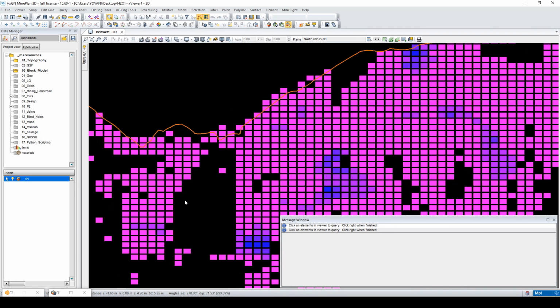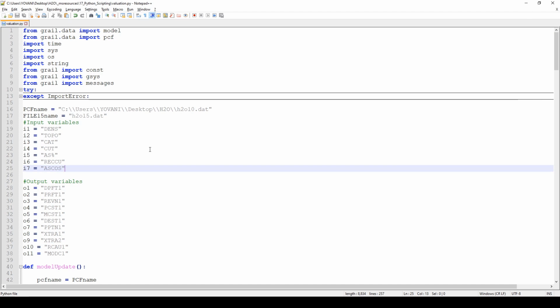Then we can run another script. So here we have the script to calculate the other variables. As you can see, we have just imported some MineSight modules and Python libraries as well. Of course, I'm not gonna show you the entire script because it's kinda long, but it's nearly the same as the previous one.